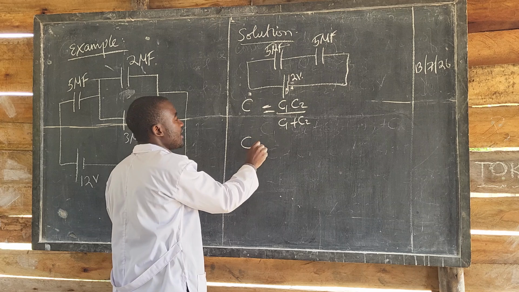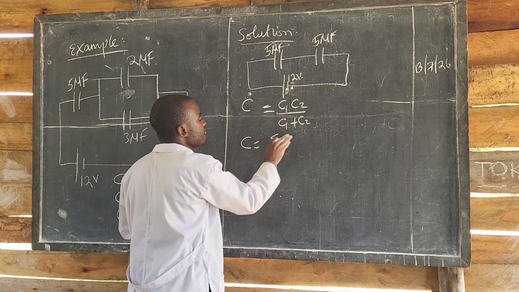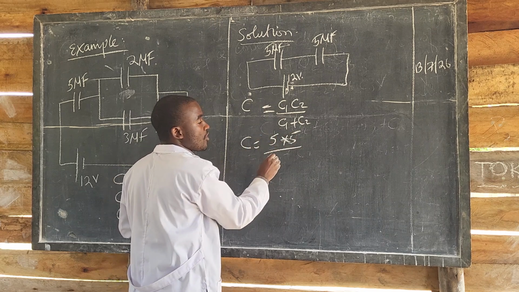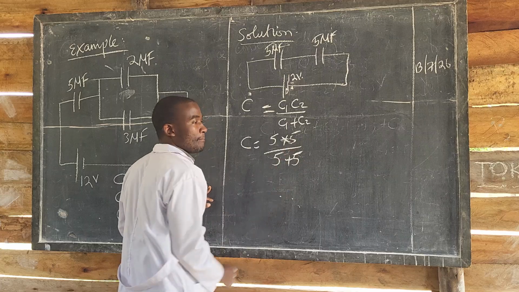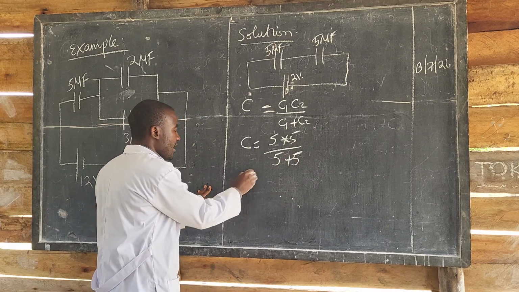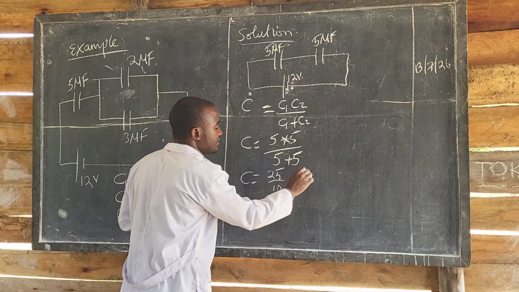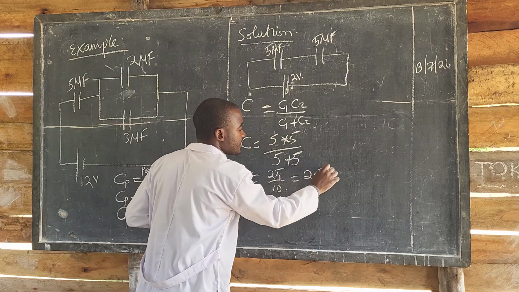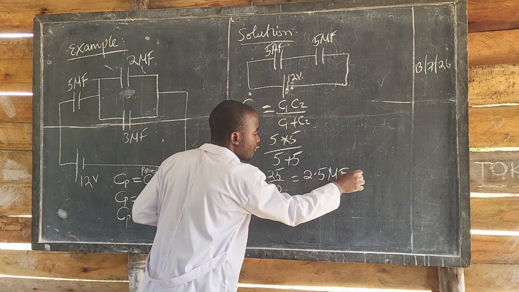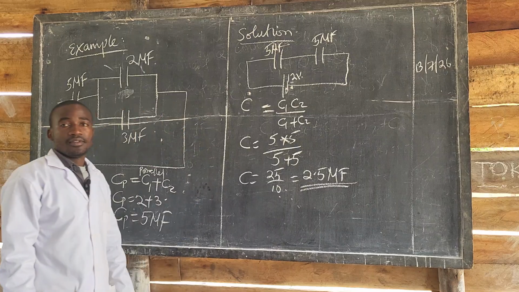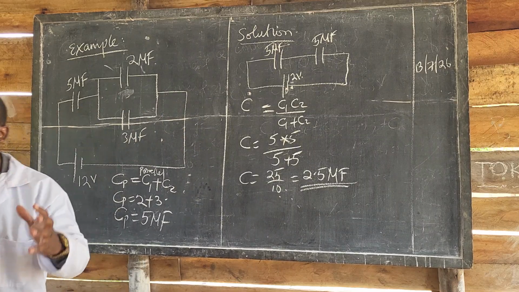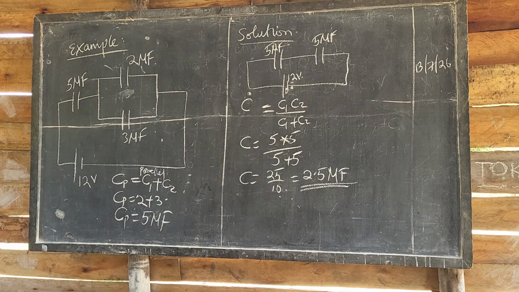So we shall have C as 5 times 5 over 5 plus 5, which is 25 over 10, that is 2.5 microfarad. That is the effective capacitance of the system.